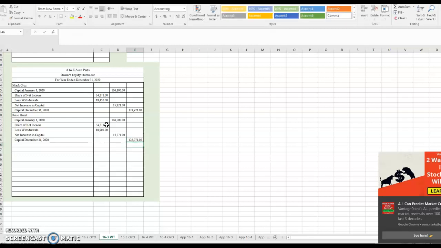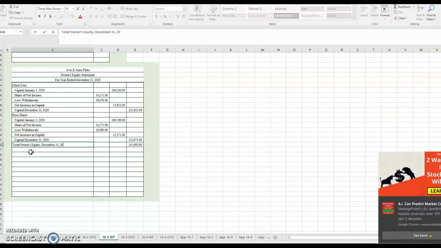And their total, so we add the two together, their total is $243,992. So that's their net worth in their business. Now they may have more net worth in their life because, maybe they own other businesses, but their equity in this business is defined right there.